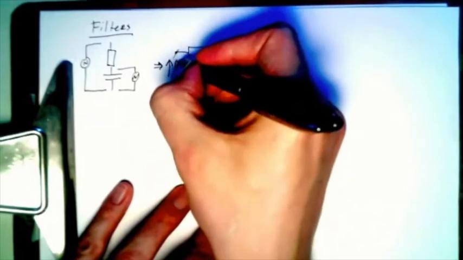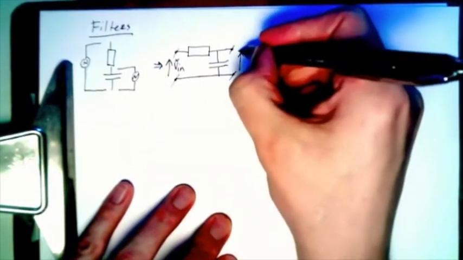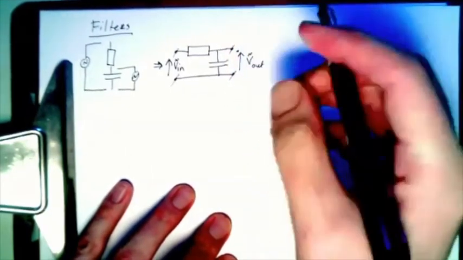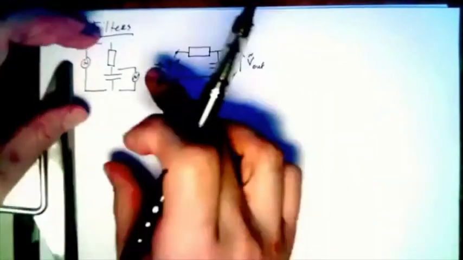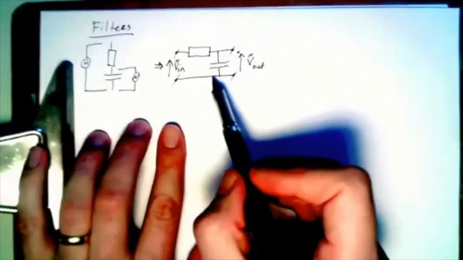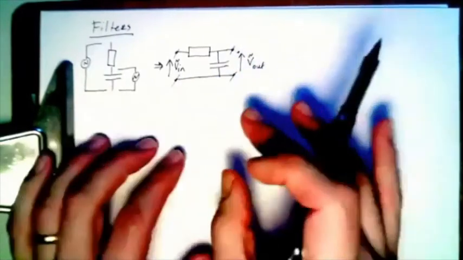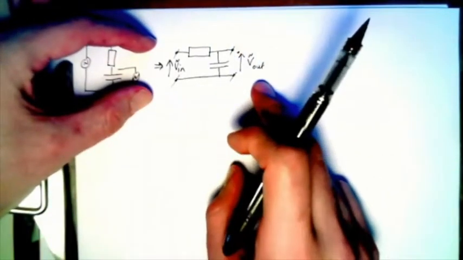This is V in, and the output is here. So it's very much the same as this. I just moved the capacitor to the side, and I flipped the resistor over, and gravity doesn't do much with electrons. So this is the same circuit, but now we're really describing it as something that takes something on the input and makes it show up on the output.